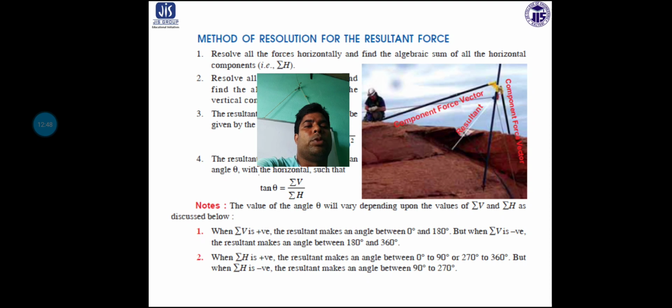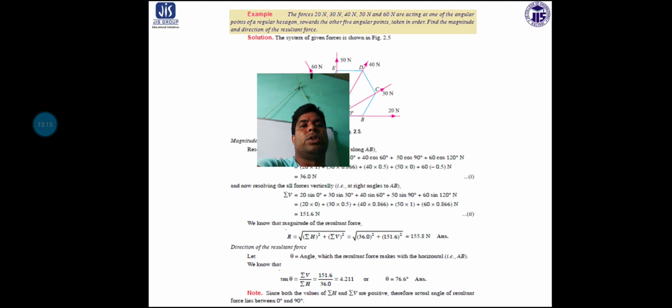But when summation of V is negative, the resultant makes an angle between 180 and 360 degrees. When summation of H is positive, the resultant makes an angle of 0 to 90 degrees or 270 to 360 degrees. But when summation of H is negative, the resultant makes an angle between 90 and 270 degrees.